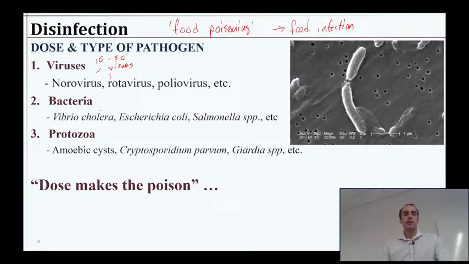Bacteria are a bit different. If you've heard of Vibrio cholerae, you've probably heard of cholera at some point. This is a species of bacteria that often inhabits, kind of naturally, brackish seawater areas.